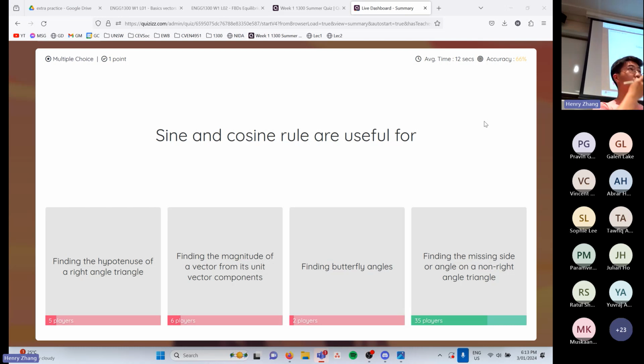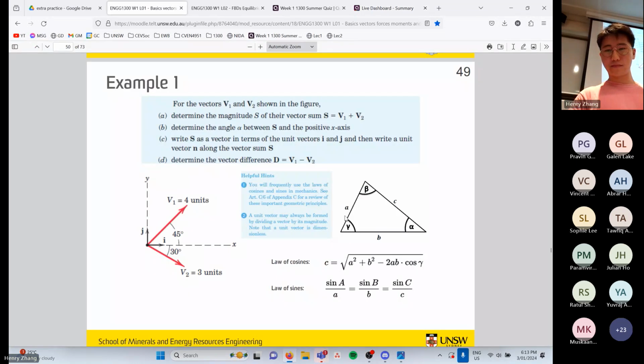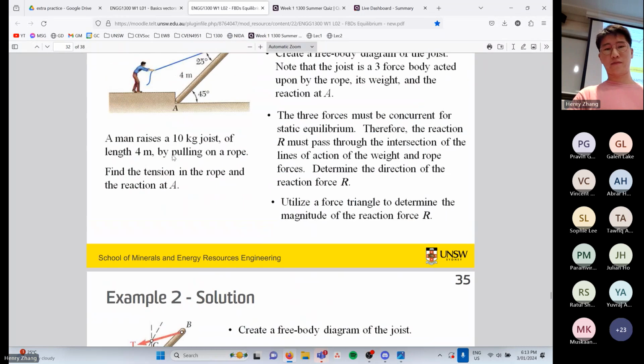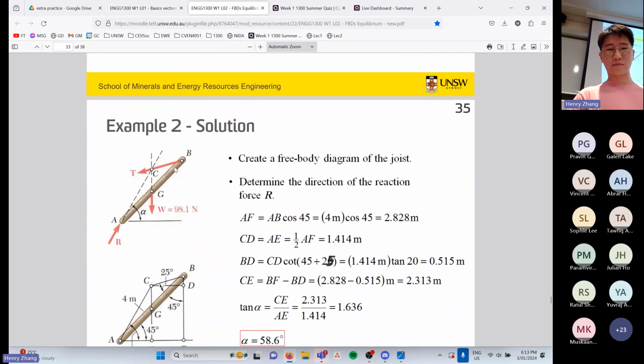So sine and cosine rule will be useful when it's not. I'll give you an example, something like this triangle here. It's useful then.